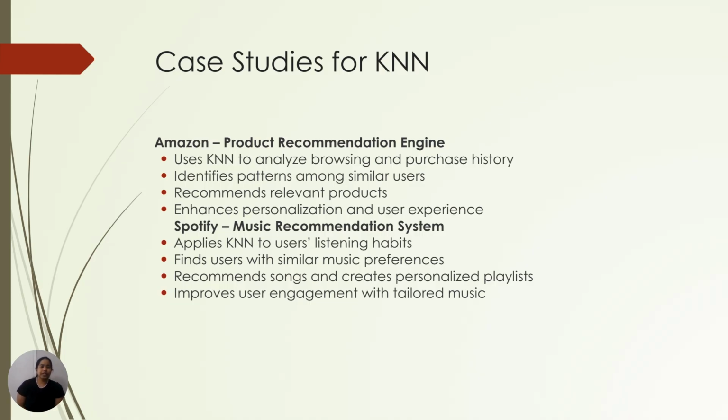Amazon uses the KNN algorithm to analyze the browsing history and purchase history of the user, what they have ordered, what they are checking, what they are interested in, so that it can compare user behavior with users of similar interest. Based on that, it recommends products to the users.